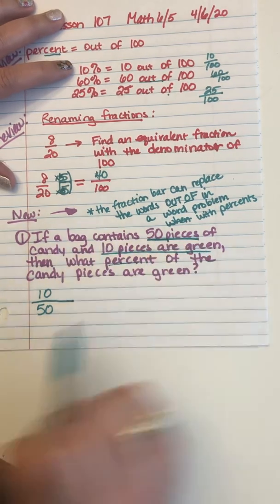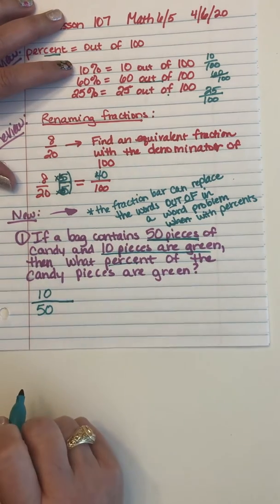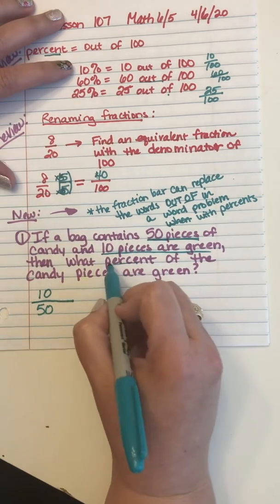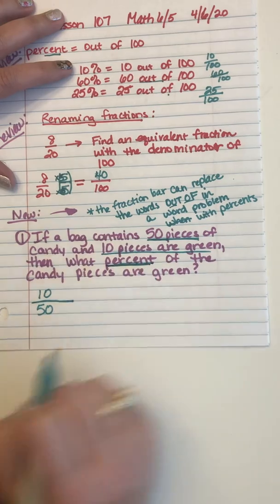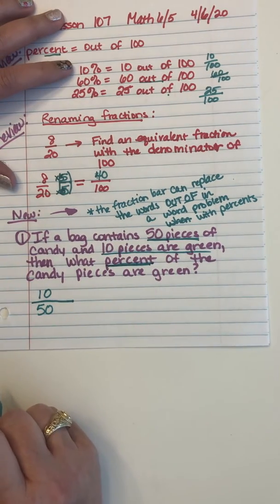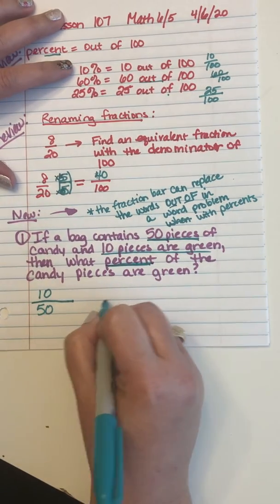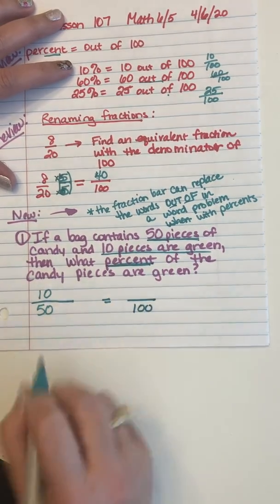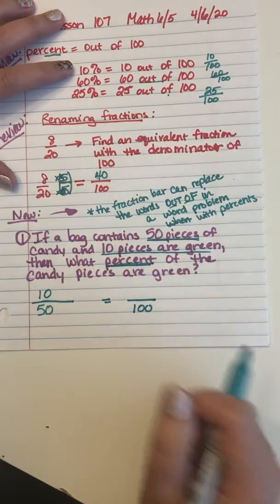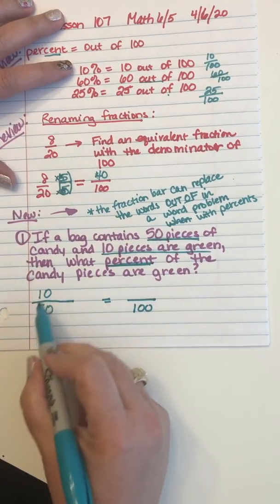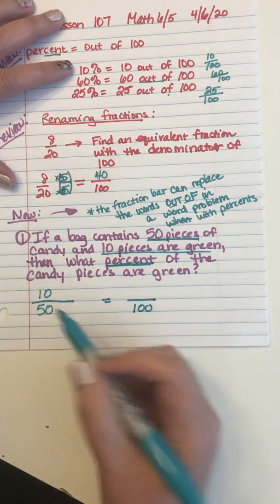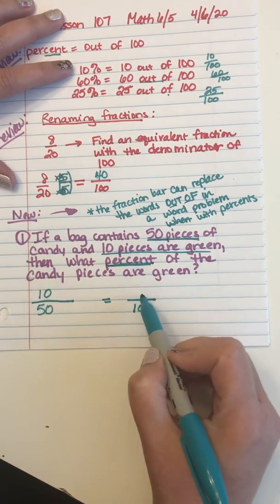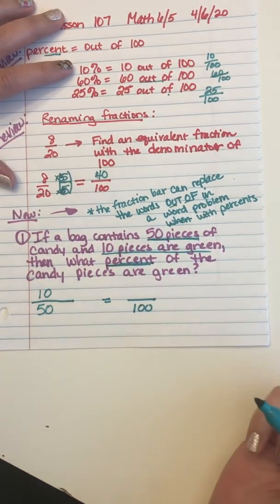Now, I know I have to end up with a percent. And as a fraction, we know a percent is out of 100, because we just did our examples up top. So I've got to change 10 out of 50 into some number out of 100 to make it a percent.